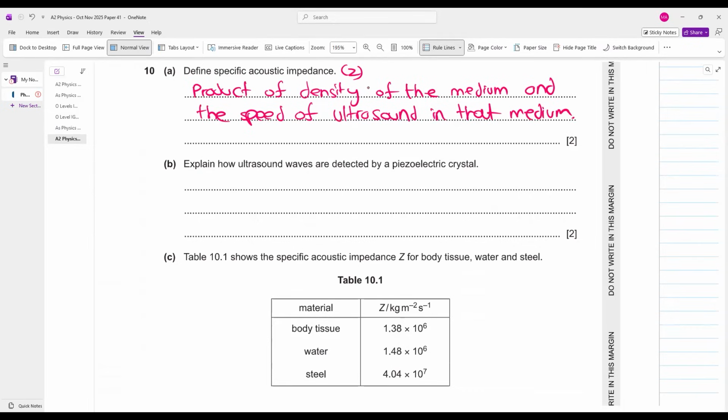Okay. Explain how ultrasound waves are detected by a piezoelectric crystal. How are ultrasound waves detected by a piezoelectric crystal?